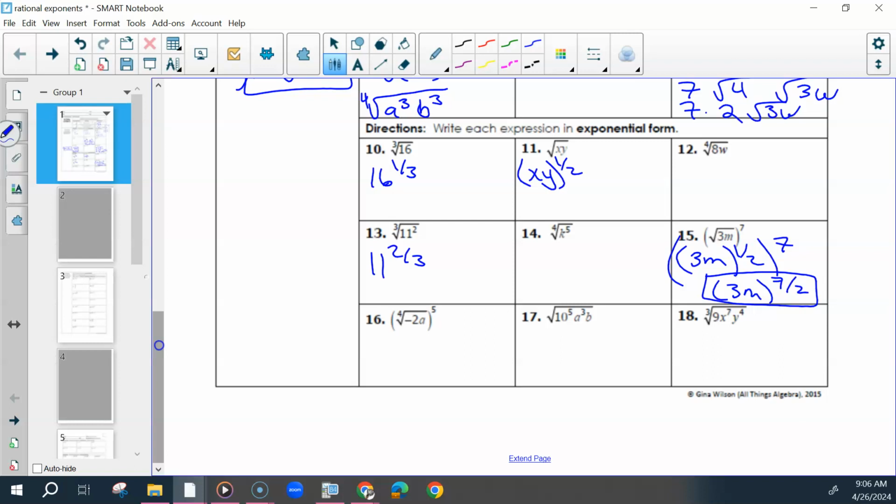Number 17. How would you write that? Don't focus on what's underneath the radical. Focus on the type of radical and the exponent that would go with it.